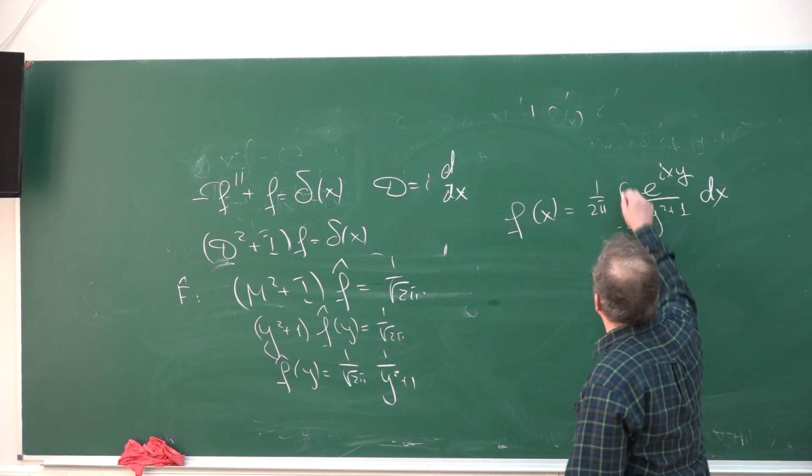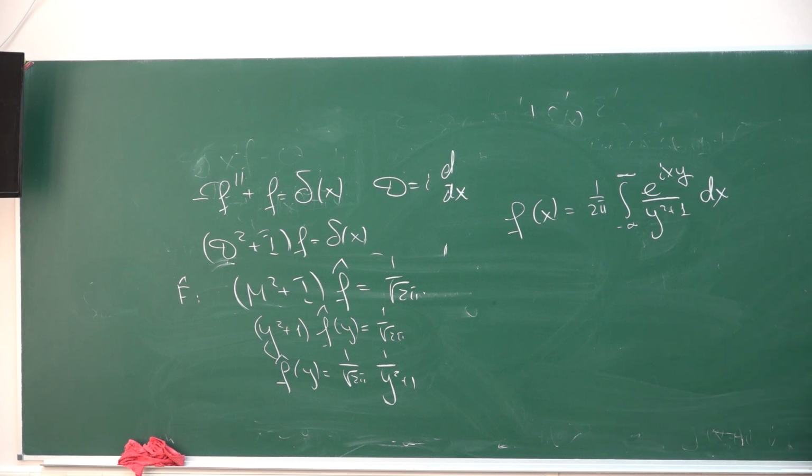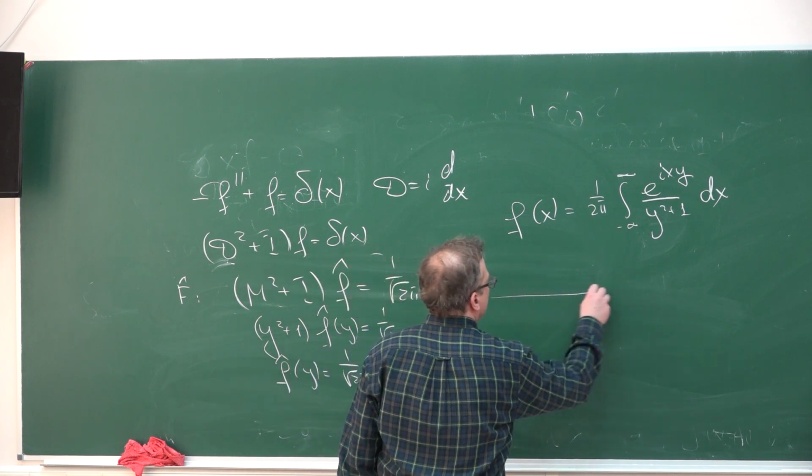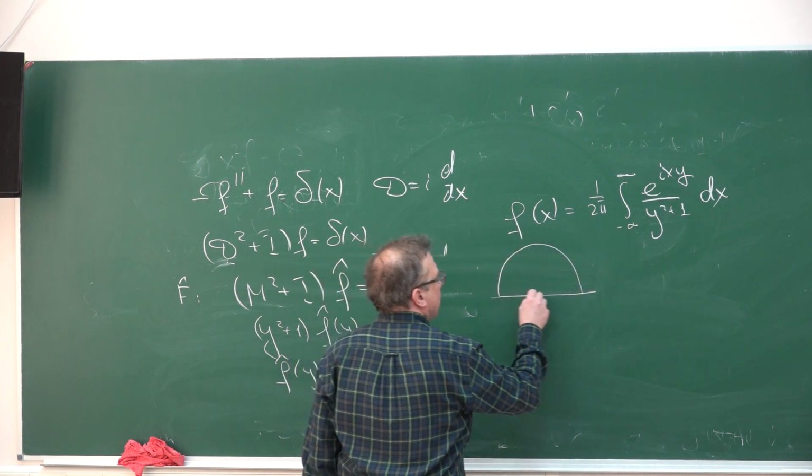On the previous seminar we calculated the direct Fourier transform. Here we have the inverse Fourier transform. It depends only on the sign, but we can repeat it. We know that we take it with a contour integral.